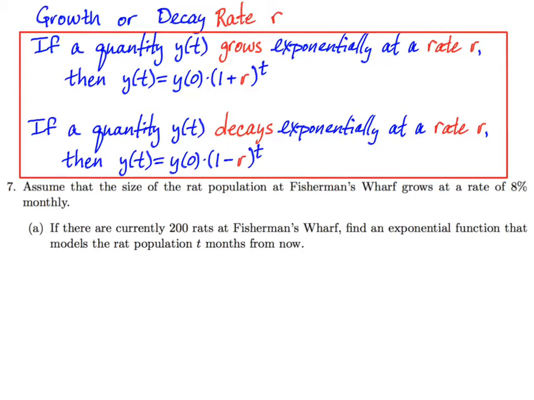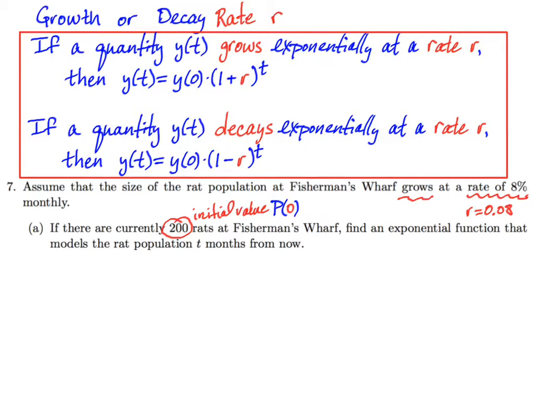So this is clearly a growth function, and we clearly have 200 current or initial rats. So P of 0 is the initial value, and the growth rate is 8%. So we're just going to write down the function given all that information.